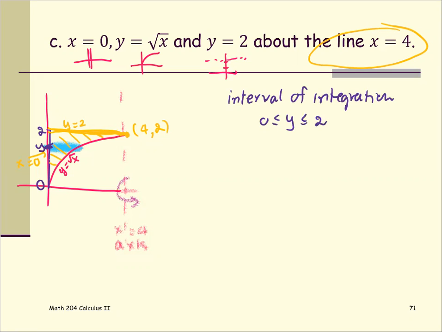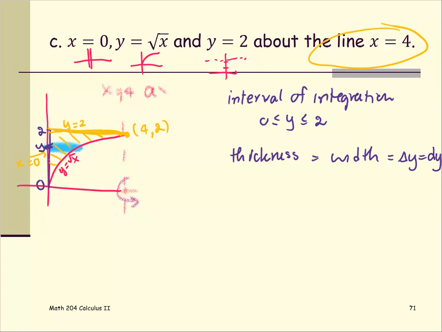The thickness of the bar, which is the width of the bar, is the change in y, or delta y, and delta y means dy. Okay, we have two things. Next, we're going to find the radius. If you form the revolution, it's rotating about x equals 4. Let me move the pieces here out of the way. So this is x equals 4, the axis of revolution.